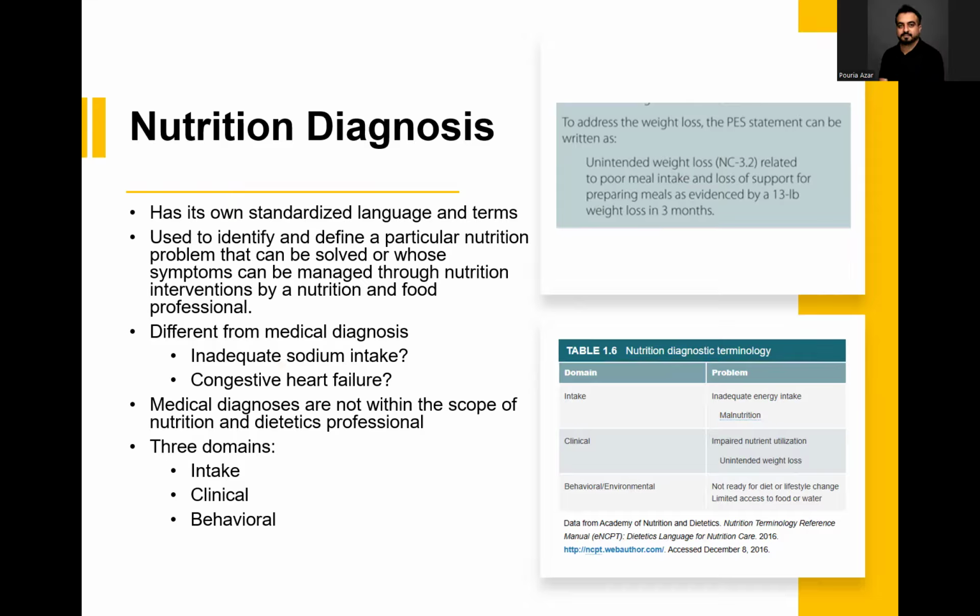Unintended weight loss, that's the problem, related to poor meal intake and loss of support for preparing meals. That's the etiology, as evidenced by a 13 pounds weight loss in 3 months. That's the signs and symptoms.